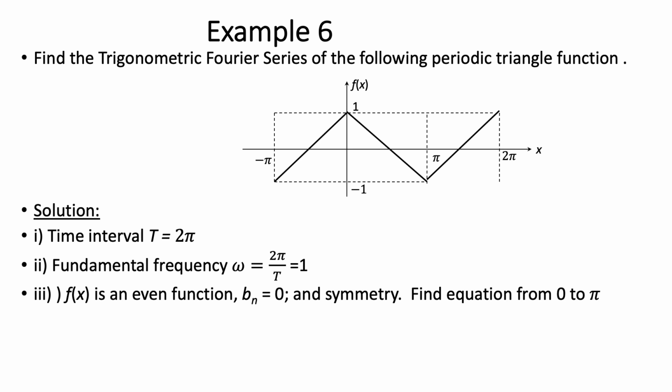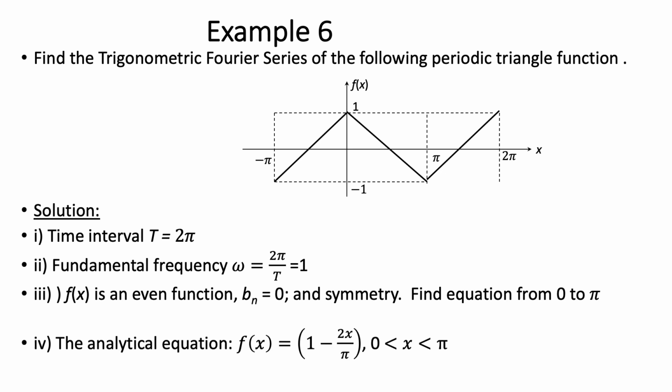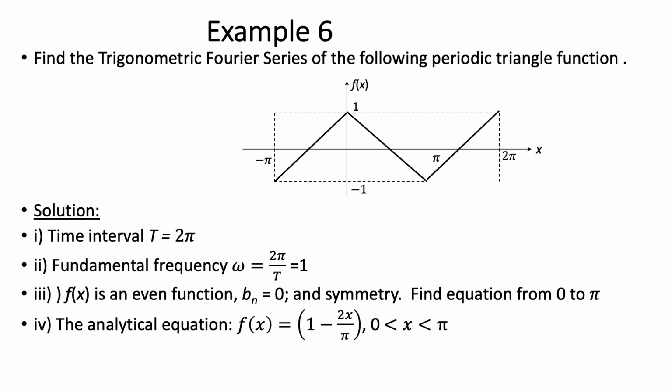We have to find the equation for the signal from 0 to π. The analytical equation is f(x) equals 1 minus 2x over π for x from 0 to π. The periodic equation f(t) equals f(t) plus 2π.